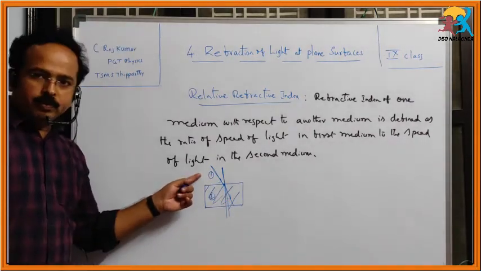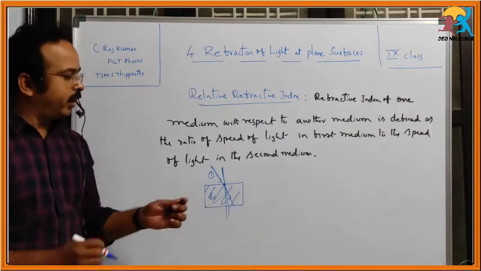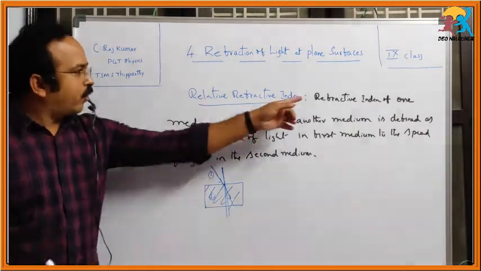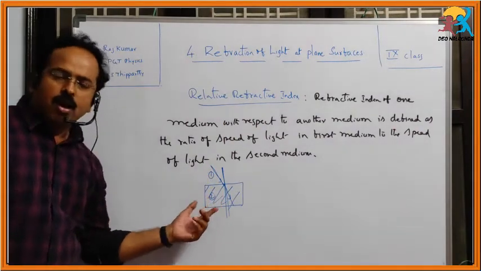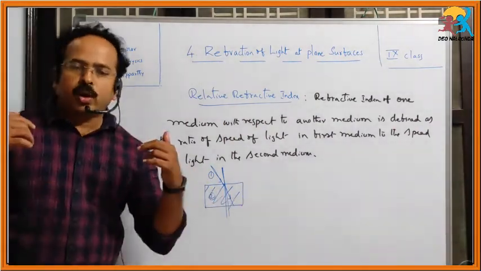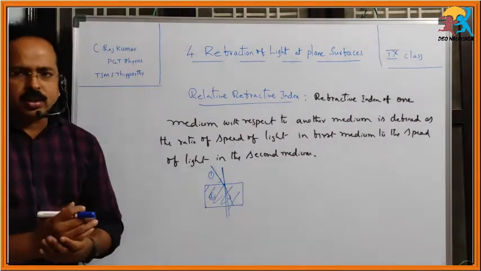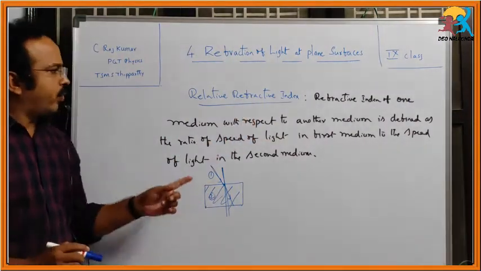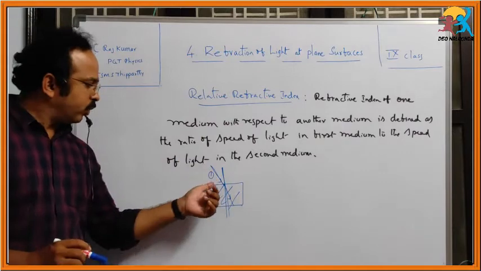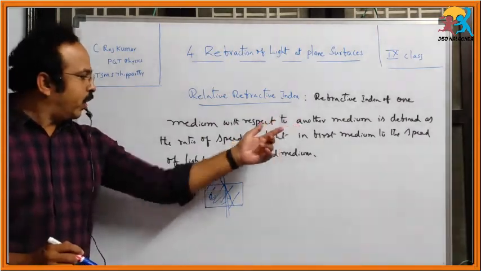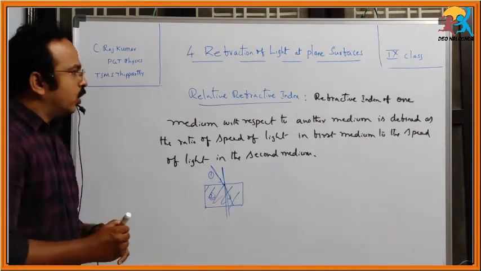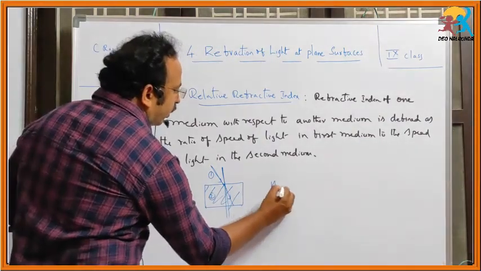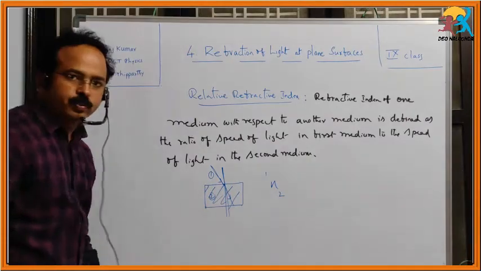This is the air medium, this is the glass medium, so we have different media. So the refractive index of air to glass, or sometimes glass to water. We define the refractive index of one medium with respect to another as the speed of light in the first medium, that is v1, to the speed of light in the second medium. So we define it like this, refractive index of second with respect to first.